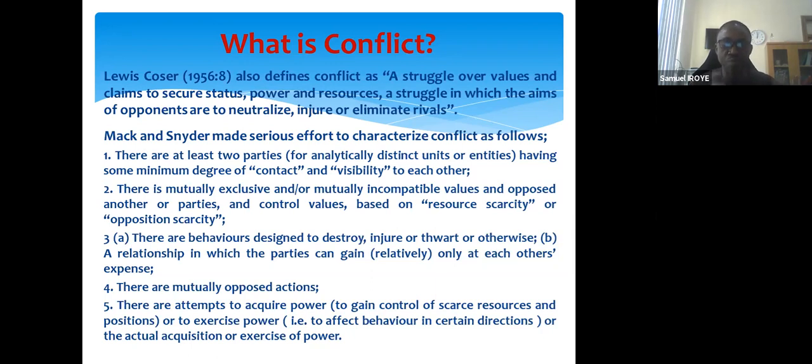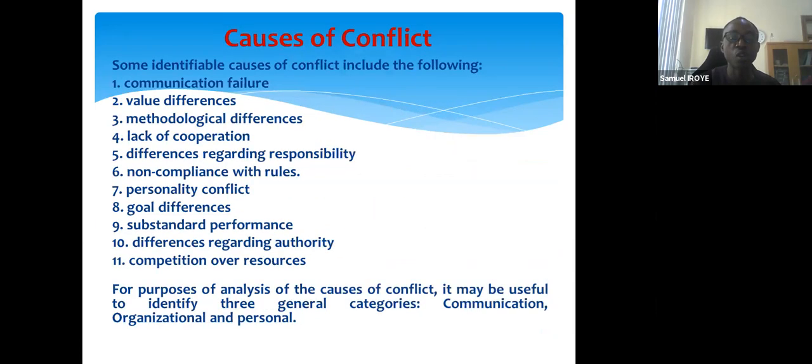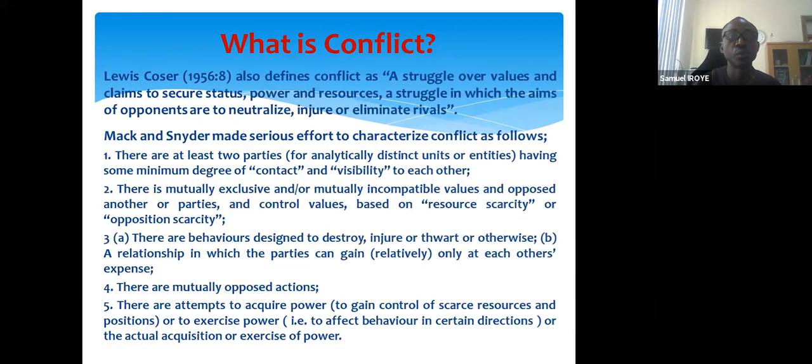That is, their behaviors are designed to destroy or injure each other. Number four, they are mutually opposed to each other's action. Number five, they attempt to acquire power at the expense of the other party. So according to Lewis and Kosa, when you see these five characteristics, then you say there is conflict.